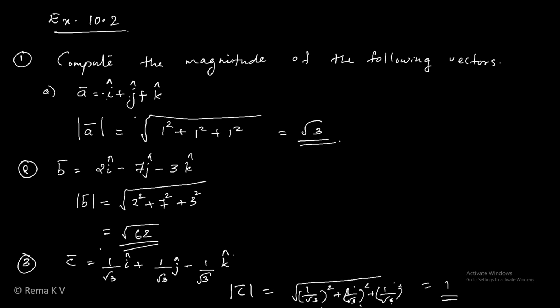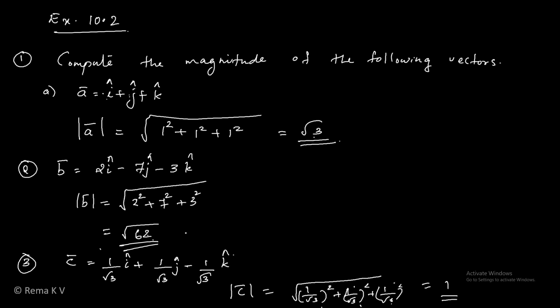Okay, so here, in this case the magnitude is root 3. Magnitude of this vector is root 3. So the scalar components 1, 1, 1 are the direction ratios. We call the scalar components here the direction ratios of vector A. Here also, the magnitude of vector B is root of 62, which is not equal to 1.